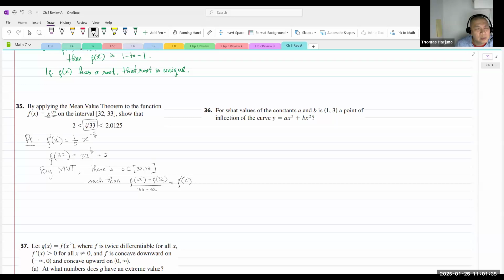But at the same time, notice that f prime 32 equals what? That's 1/5 times 1 over the fifth root of 32 to the power of 4. That's 1/5 times 1 over 2 to the 4th, which is 1 over 80. In decimal, this is 0.0125. Oh, that may have something to do with that.